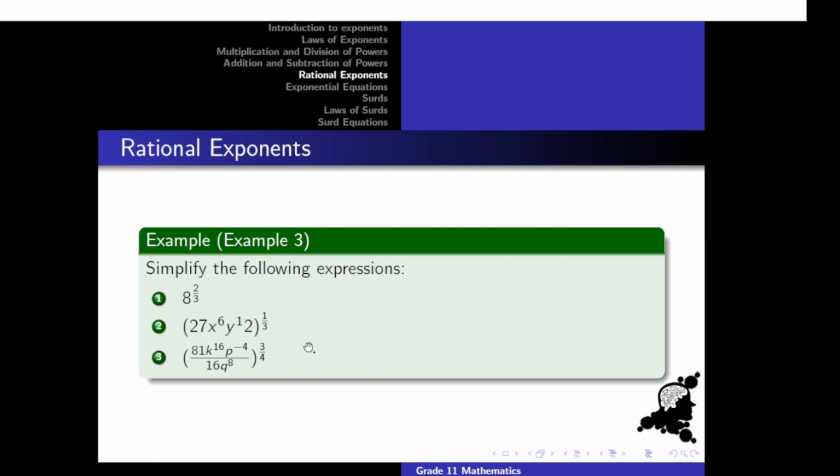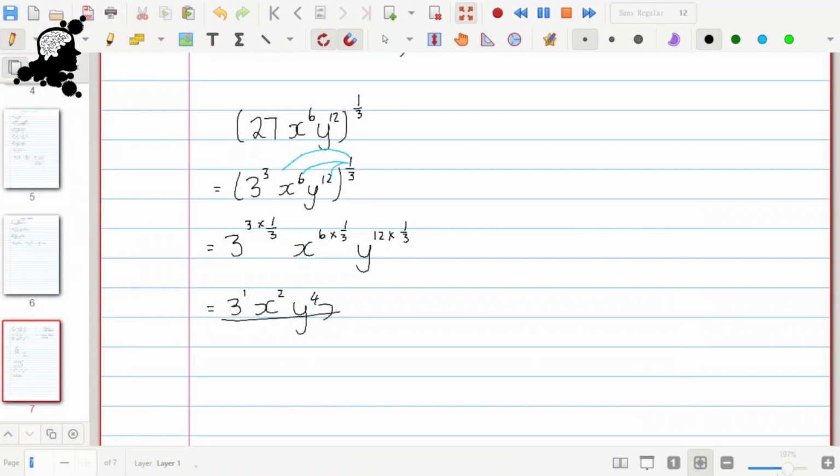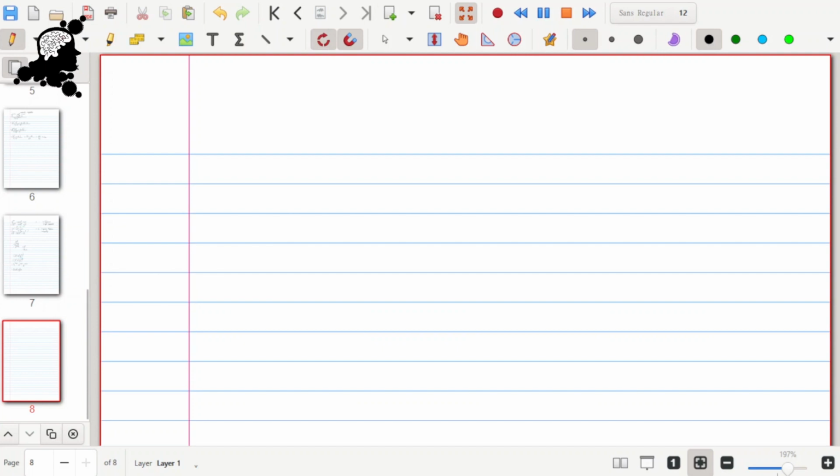Alright, then we have another interesting question here: 81k to the power 16, p to the power minus 4, over 16q to the power 8, all to the power 3 over 4. Let's get this down on our writing pad. I think now would be a good time for a new sheet of paper.